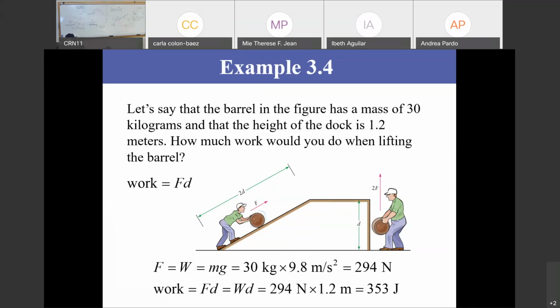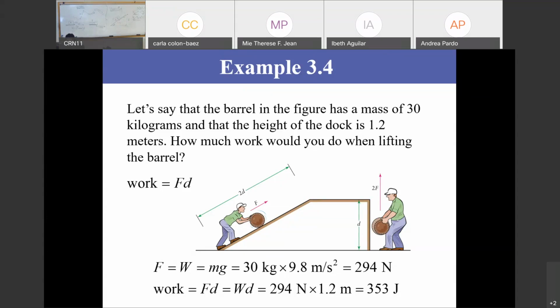All right. You will have the same work in both cases, but with the same work you will actually be able to lift or move the barrel up with less effort. That's because we calculate the weight of the barrel and then multiply that by the distance, 1.2, that's the height of the dock.